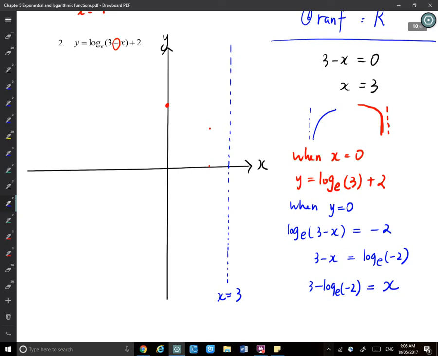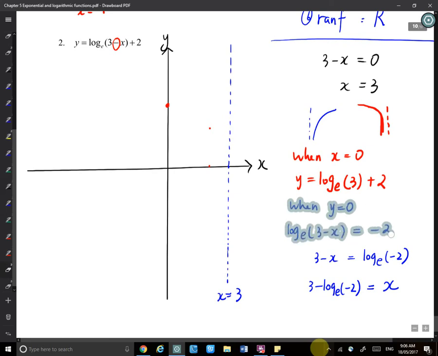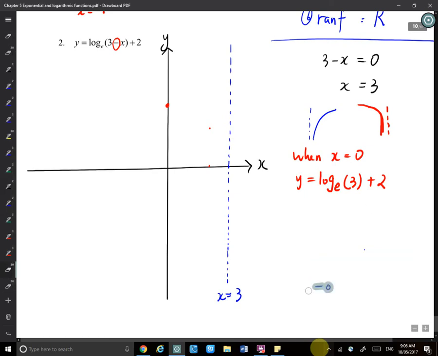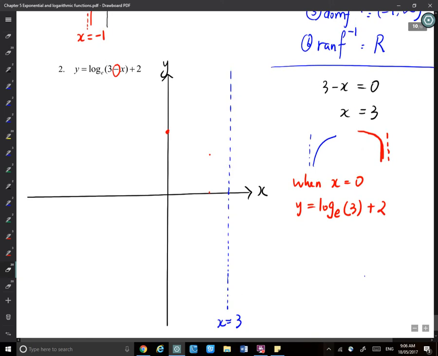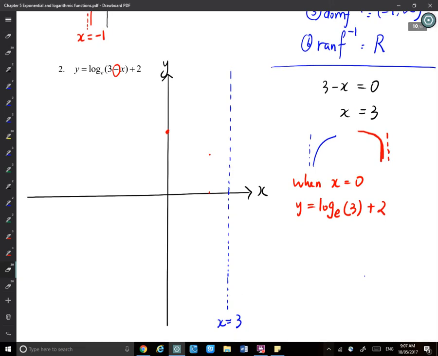Wait. It's not correct. You don't have negative values. Wait, it's not correct. Let's have a think about the shape.